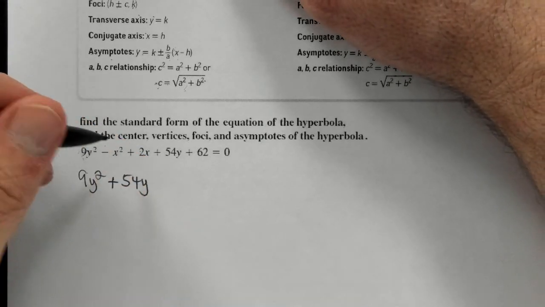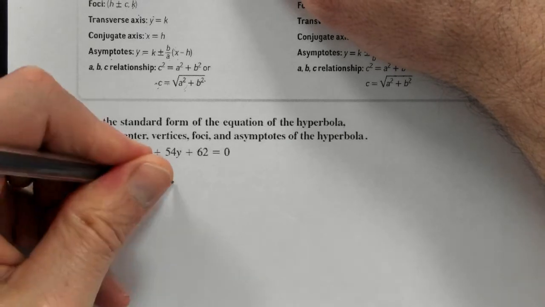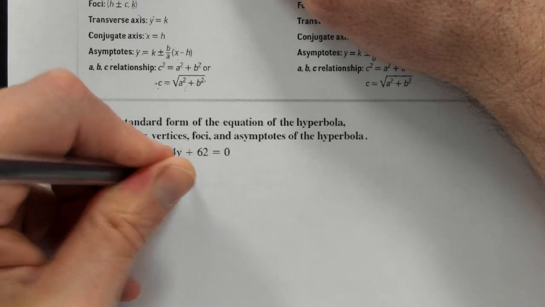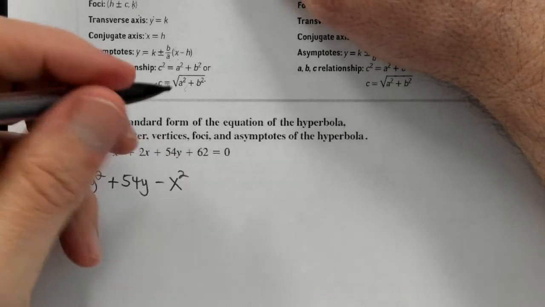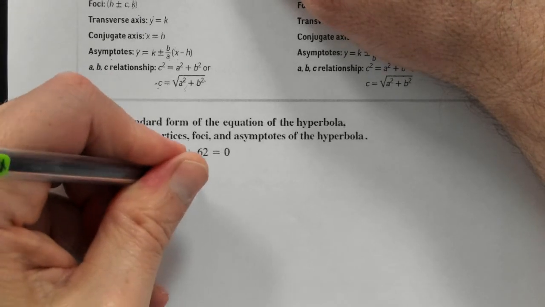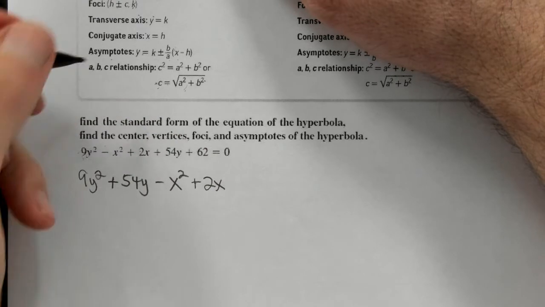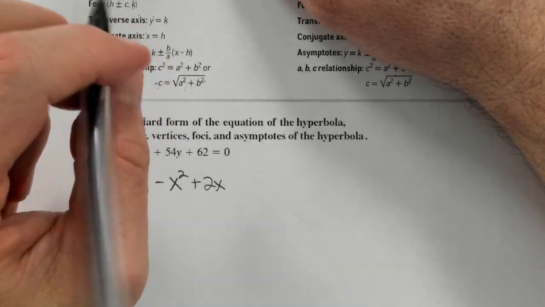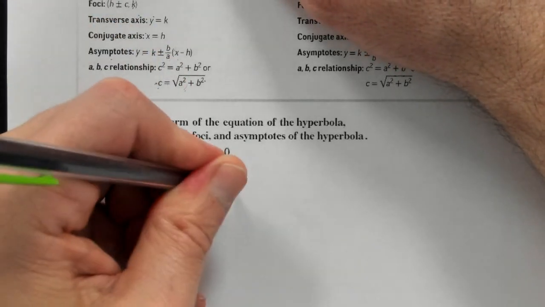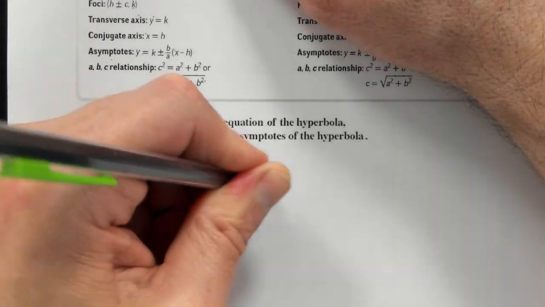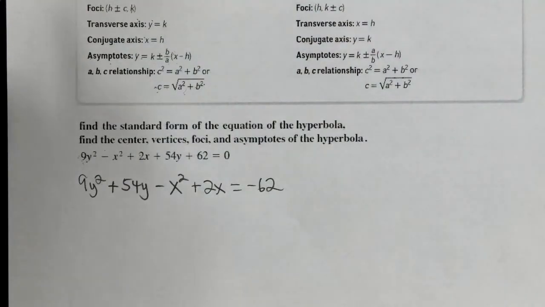And then after that, we'll go with the x's, minus x squared, and then we'll go plus 2x. Then we've got the 62, and we'll move that to the other side, minus 62. So there's my first step.